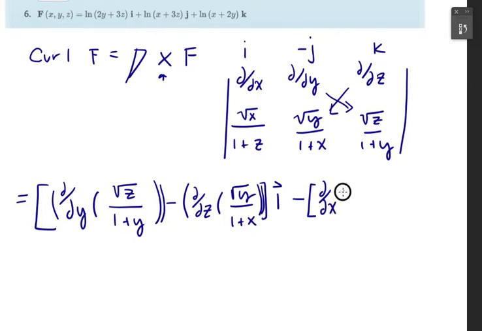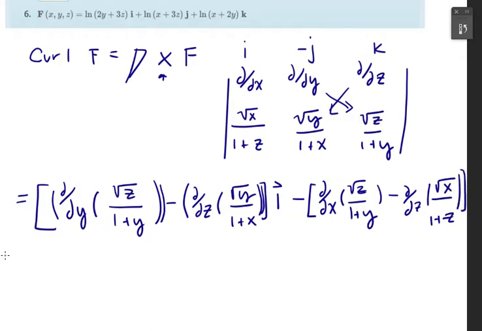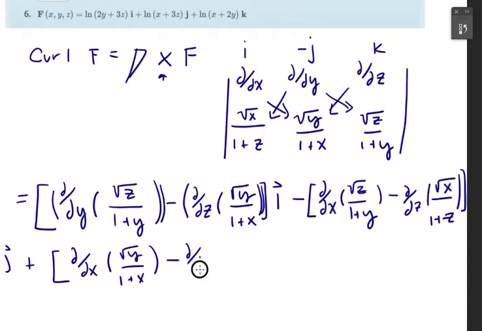Partial derivative with respect to x of all the way over here, Z over 1 plus Y minus all the way over here now, partial derivative with respect to Z of, sorry I'm running out of room, 1 plus Z, close bracket, and I'm just going to put my J hat here, plus the K, so we ignore the K column and we just start here, go this way, partial derivative with respect to x of Y over 1 plus x minus this going here, partial derivative with respect to Y.